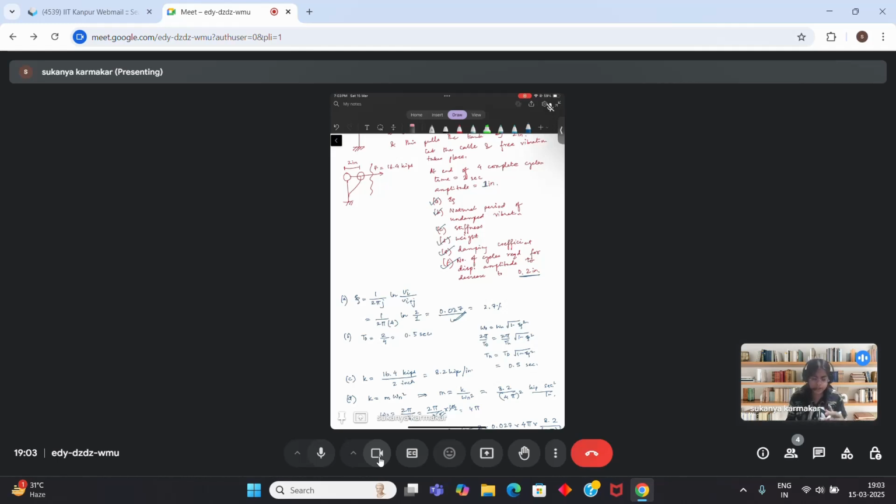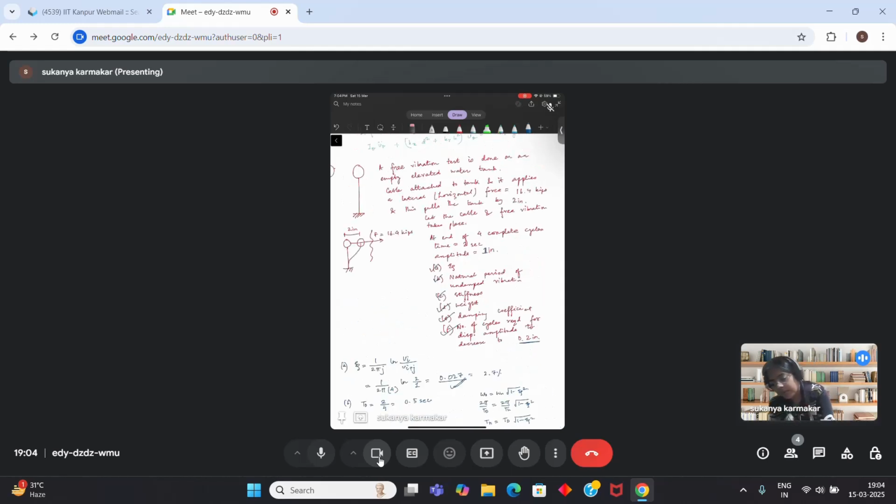Now, in this question, till now the tank was empty. Now suppose I fill water into this tank and the weight of the water is 80 kips. You have to determine the new natural vibration period, Tn, and the damping ratio when the tank is full.